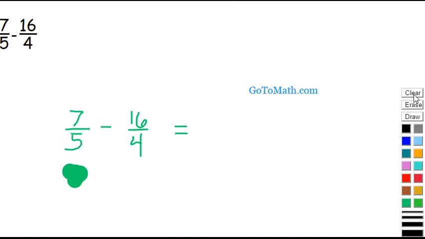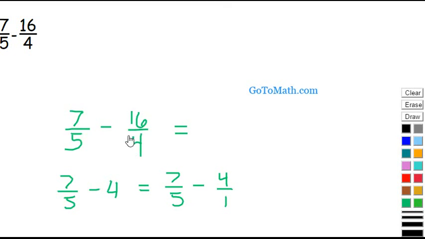Whoa, definitely didn't want to do that. And let's erase that again. Forgot I need to click on draw again. So let's do 7/5 minus, 4 goes into 16 4 times. Yep, that's it. But we're going to actually rewrite this as 7/5 minus 4 over 1.